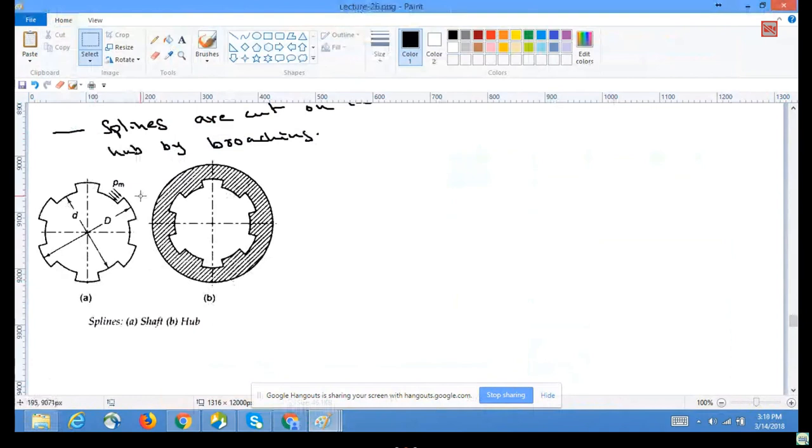There are different types of splines. The types of splines are straight-sided, which is like this.